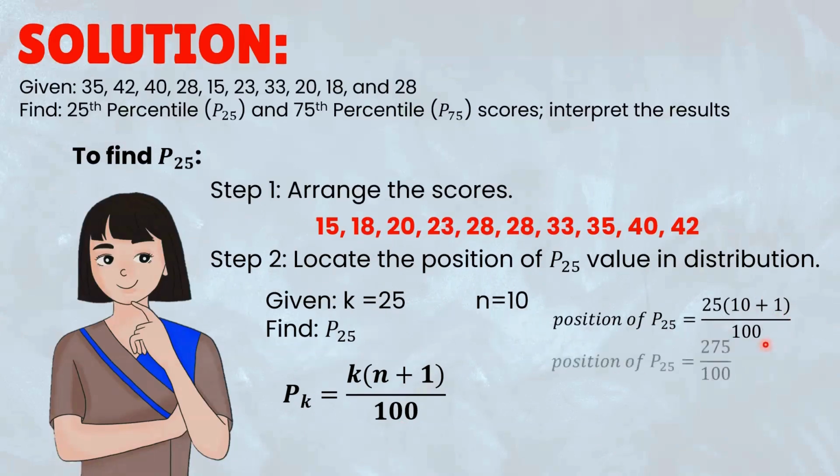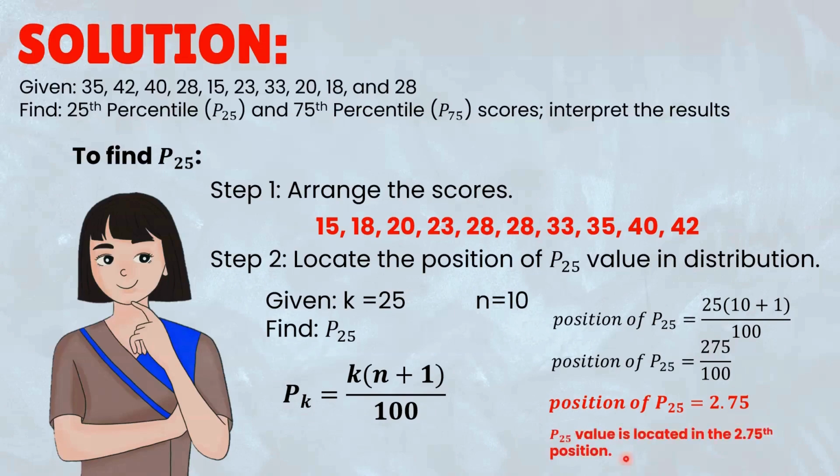We perform the operation. 10 plus 1 is 11. 11 times 25 gives us 275 divided by 100, that gives us 2.75. Since our answer after using the formula is a decimal number, 2.75, we need to proceed to step 3, which is interpolation. So our percentile 25 value is located in the 2.75th position.